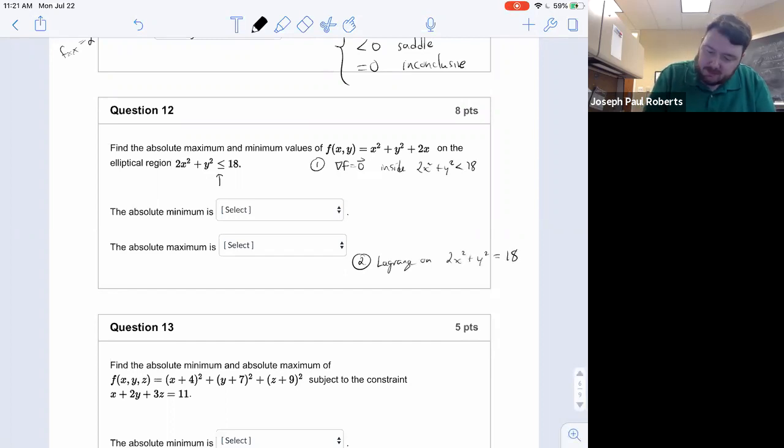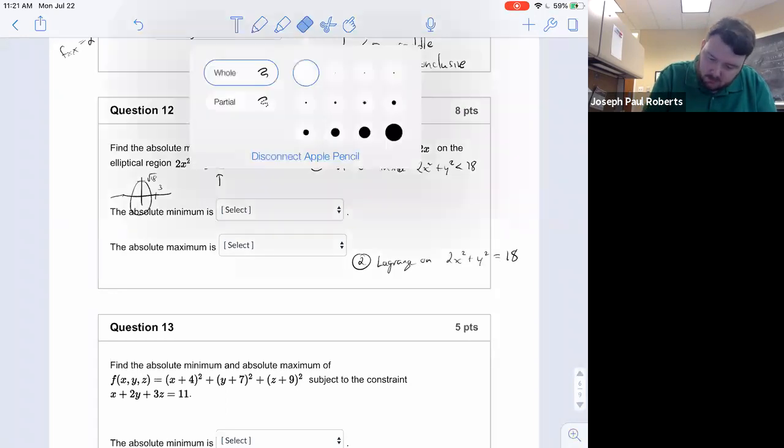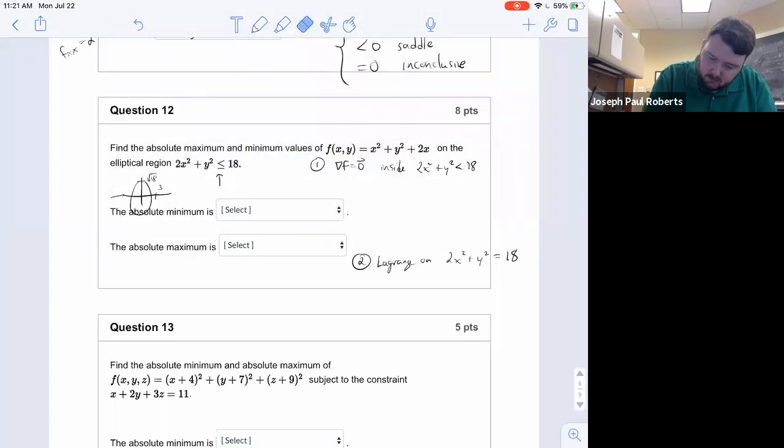Because the whole idea is that with this inequality, it looks like y goes from, whatever, square root of 18, and then this is 3, so it's a little bit taller than it is wide, let's say.